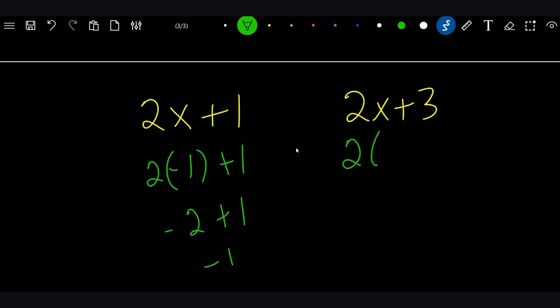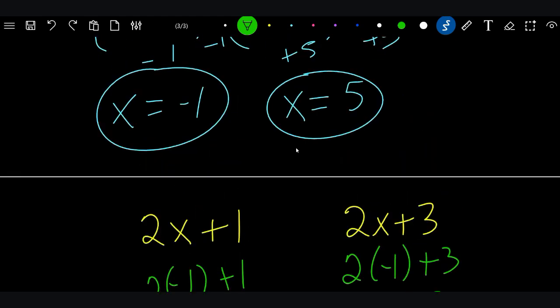So 2 times -1 plus 3, or we could just add the next consecutive one there. So I get -2 plus 3, which is 1. So here's one of our solution sets, -1 and 1. So that one gives us -1 and 1.